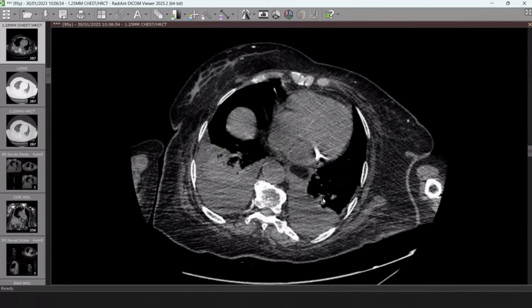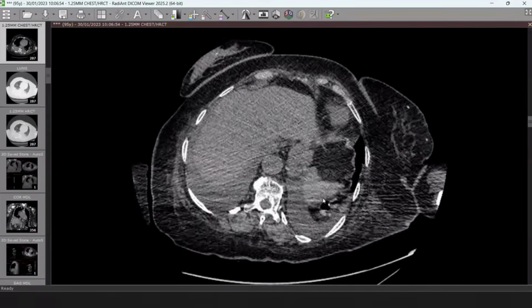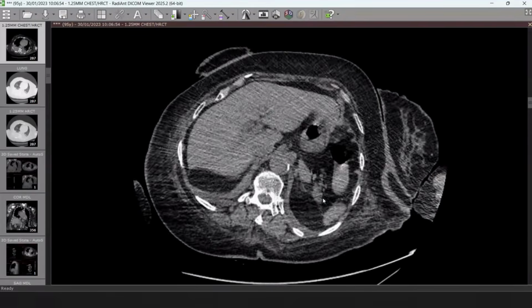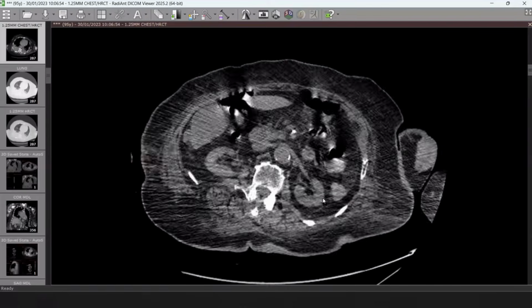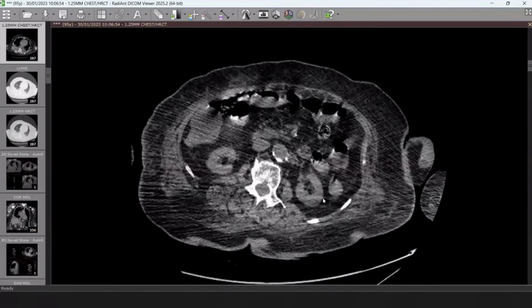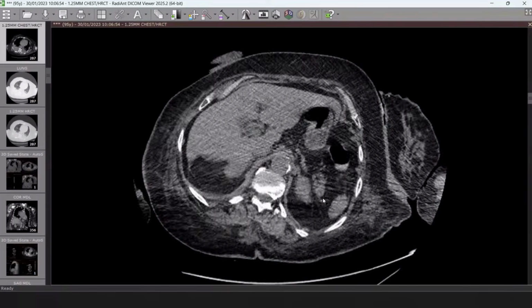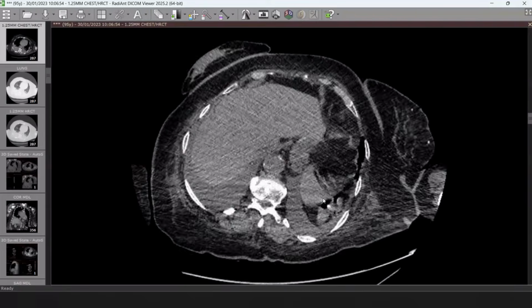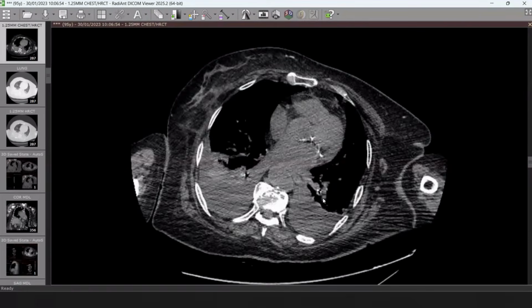I think there are some degenerative changes in the spine. Yes, you are right. Heart size, as I mentioned, is normal. Bilateral kidneys appear small, slightly atrophic. Liver margins are smooth.